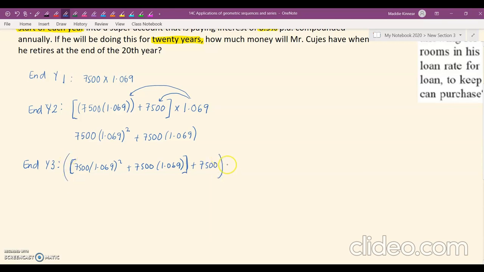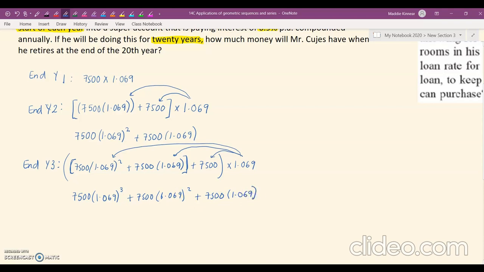And then at the end of this year, we're going to multiply all of this by our interest rate again. So I'm going to distribute that now to everything inside the bracket. So multiply it into here, and into here. So end of year three, I'm going to get 7,500 times my 1.069 all cubed now. And this one's now going to be squared. And we're going to have our final value.